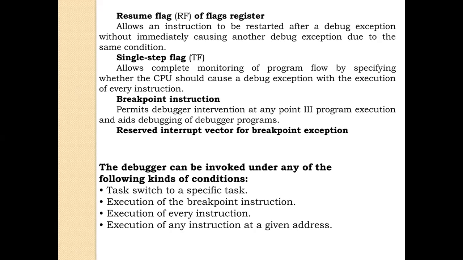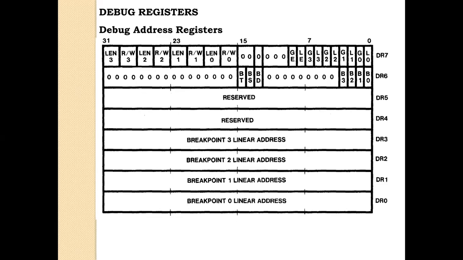A debugger can be invoked under the following conditions: task switch to a specific task, execution of the breakpoint instruction, execution of every instruction, execution of any instruction at a given address.